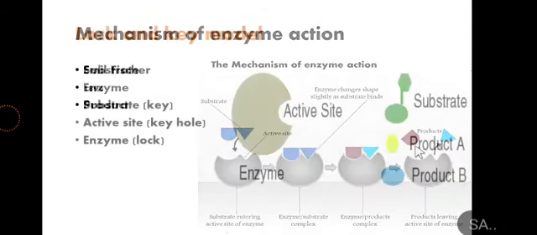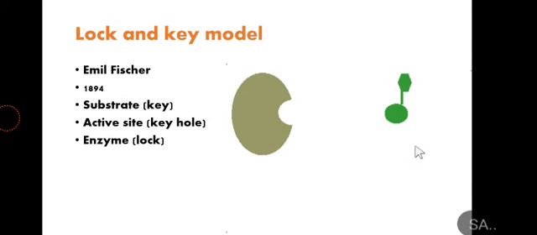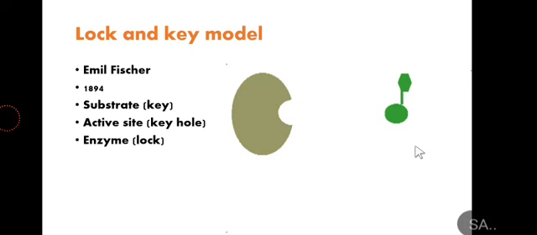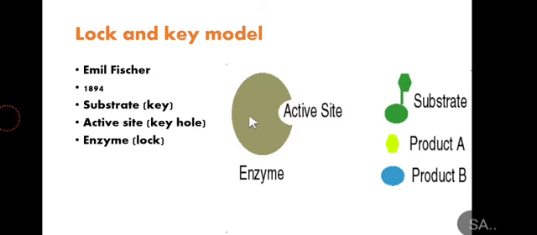This mechanism can be made clear by two models. First you'll see the lock and key model, and then you will learn about the induced fit model. The lock and key model basically explains the mechanism of action of the enzyme. It was presented by Emil Fischer in 1894. What does this model say?